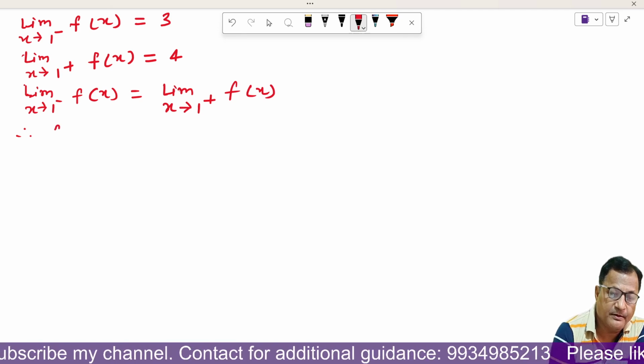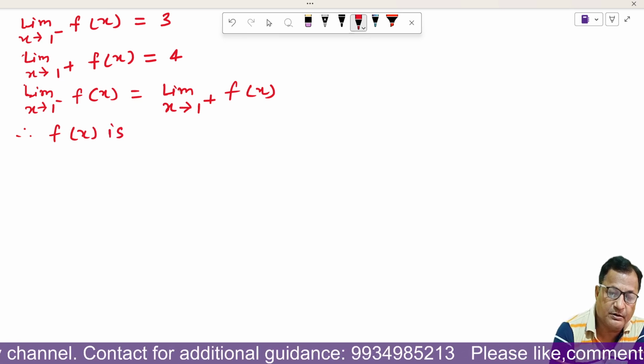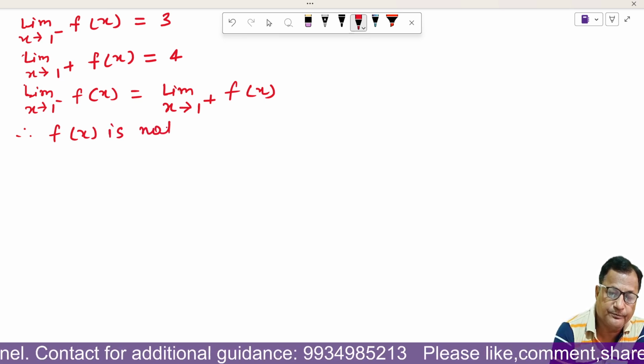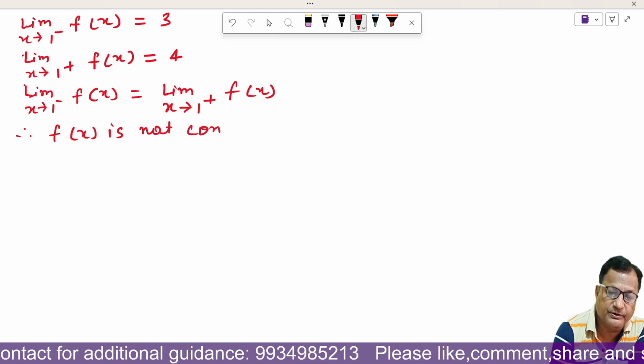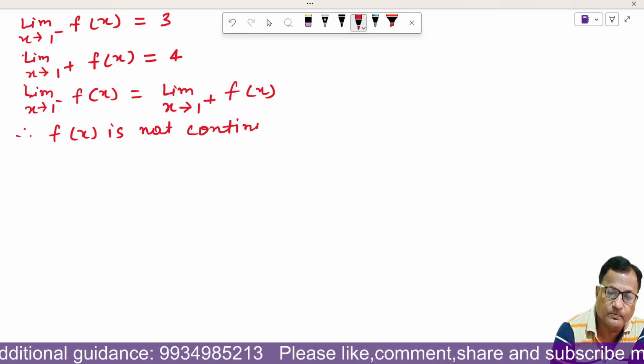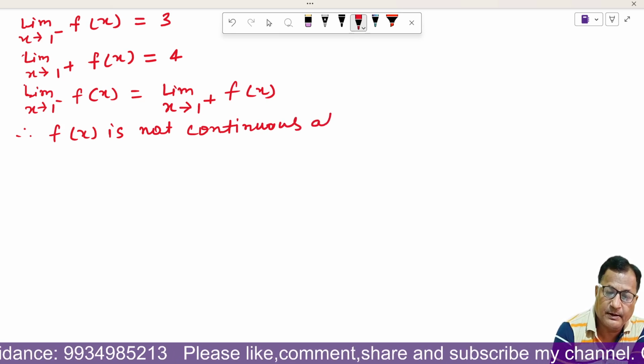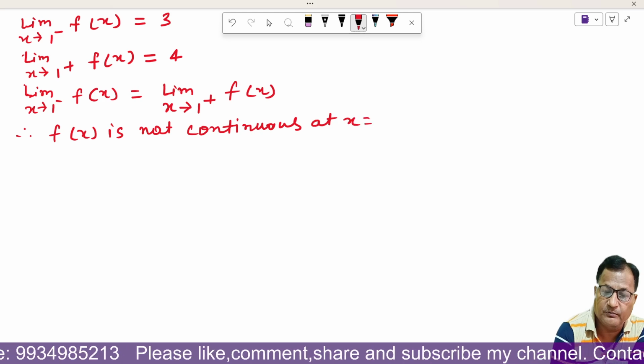Therefore f(x) is not continuous at x is equal to 1.